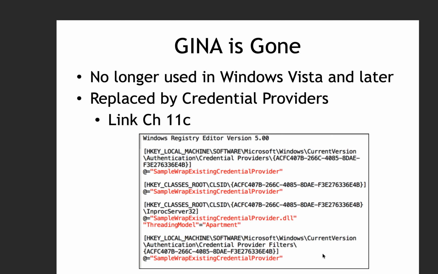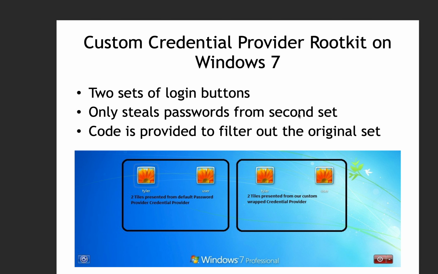So that's where it will dump, quote unquote, the password hash. Now it is gone, as I said. It's no longer used in Windows Vista or later, and it's replaced by credential providers.